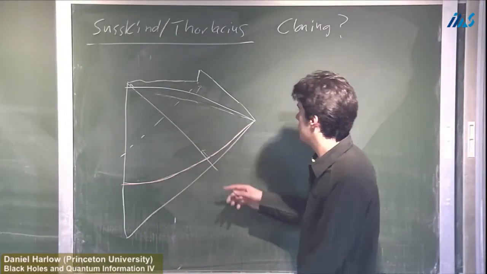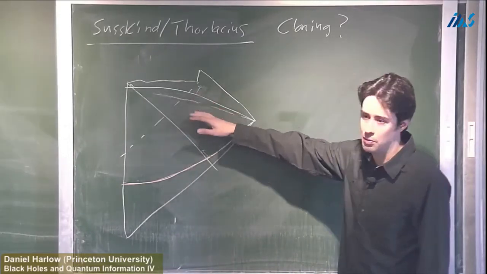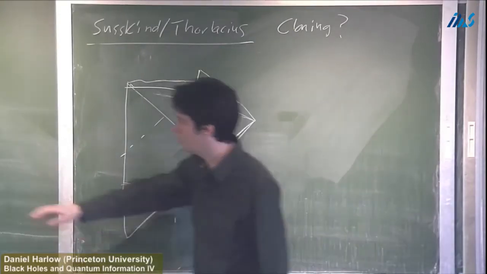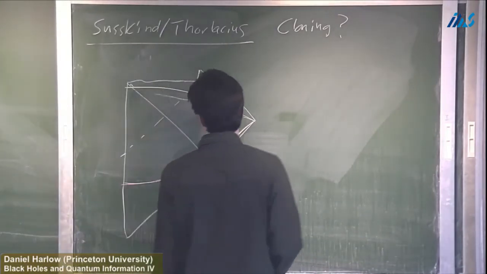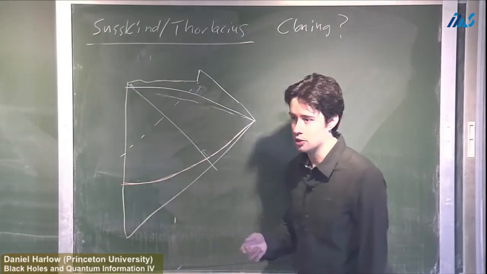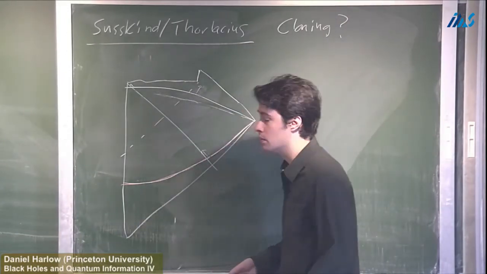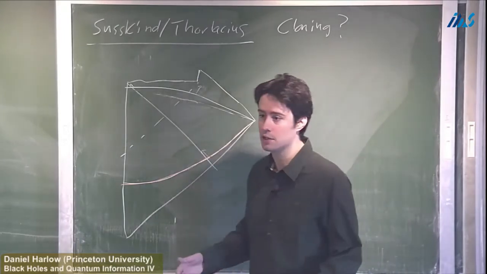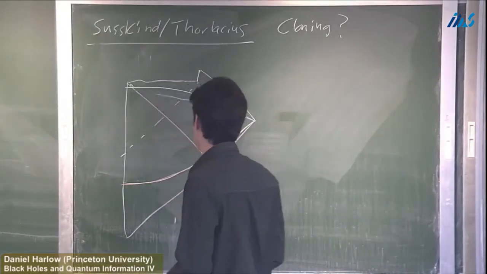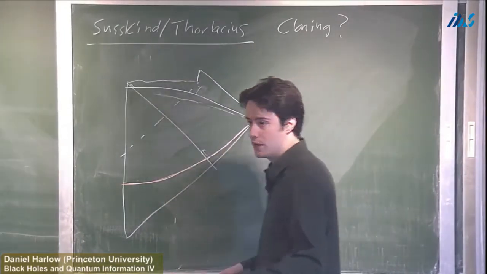But one obvious way to try and make it come out faster is to just wait until you're already past the Page time and then throw in the information, and then maybe it'll come out faster. And actually, what Patrick and John argued is that it will come out faster, and it's a quantitative thing which you can think about: how fast does it come out? I'm going to say more about that in a sec.